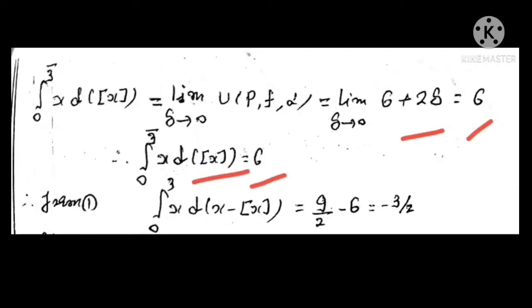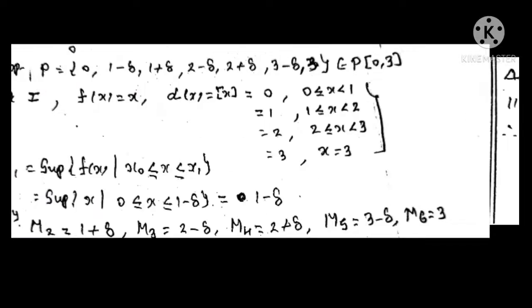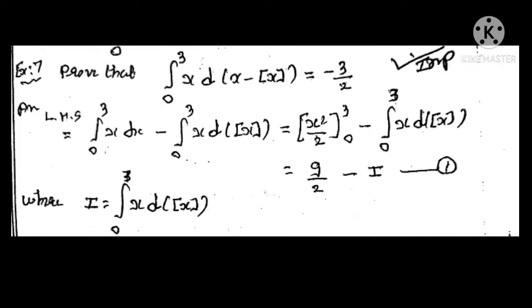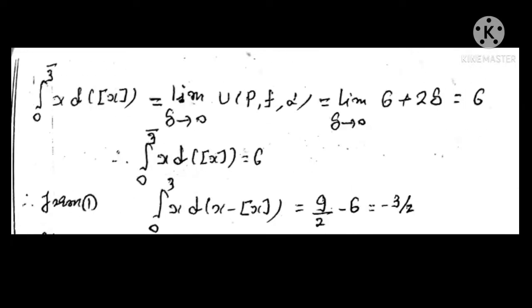Now from 1, that is equal to 9 by 2 minus I, where I is equal to this. So that is equal to 9 by 2 minus I, and I is equal to 6.